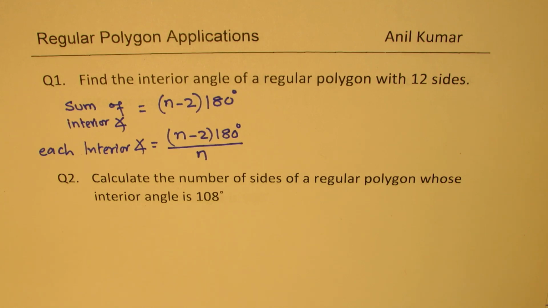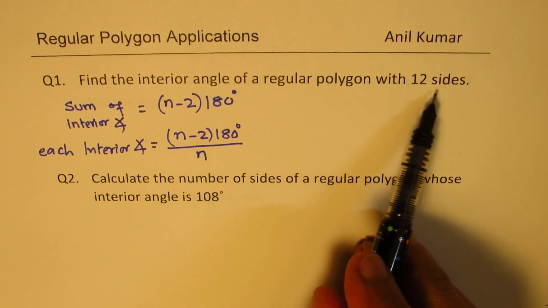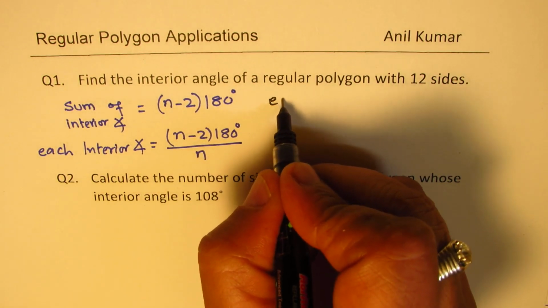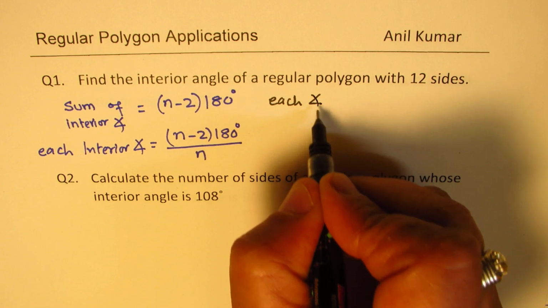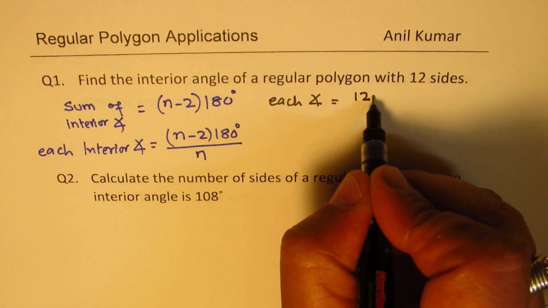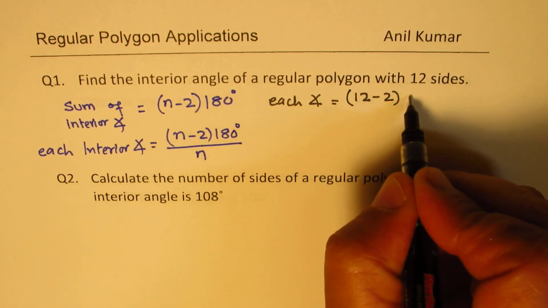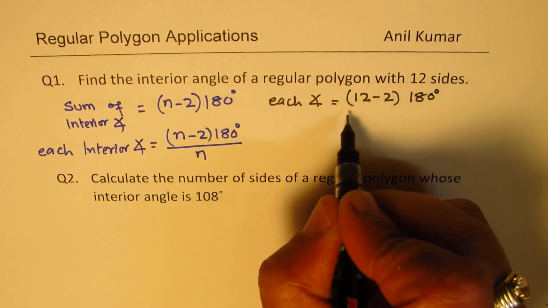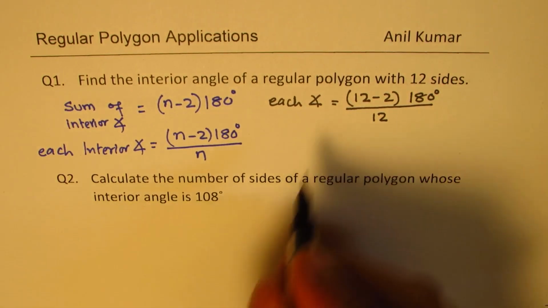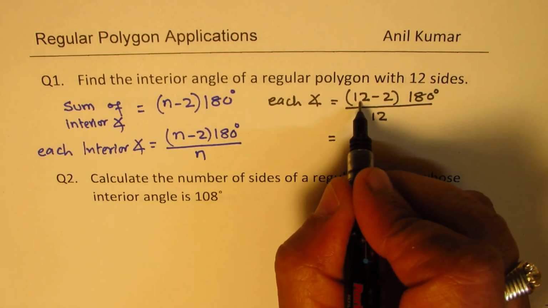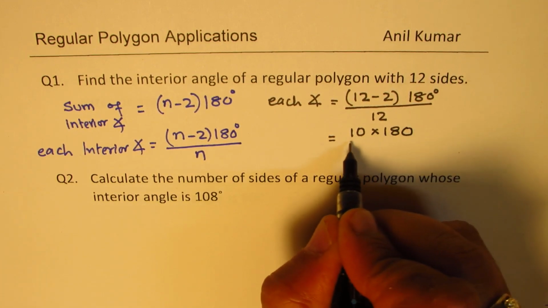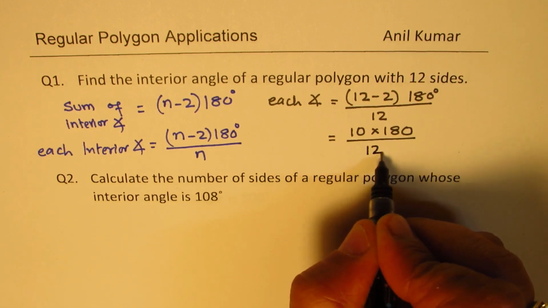So the question here is find the interior angle of a regular polygon with 12 sides. So that means each interior angle, right? So each angle is, we'll use this formula, right? So 12 sides is n, so (n minus 2) times 180 degrees divided by 12. Now you can write this as 12 minus 2 is 10, times 180 degrees divided by 12, correct?